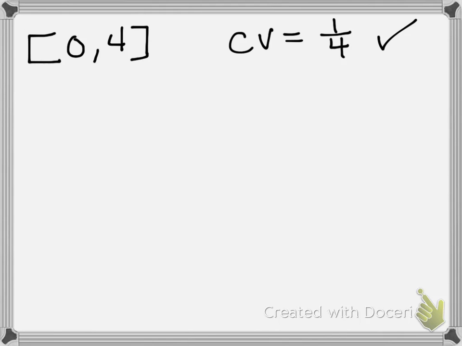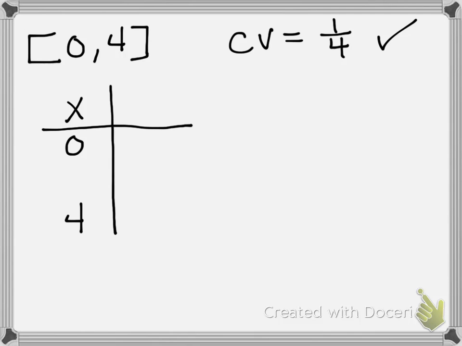So now that we have that, we take our x's, which are the endpoints of your interval, and then any critical values that fall within that interval, and then we plug those into the function, and we'll see what we come up with.